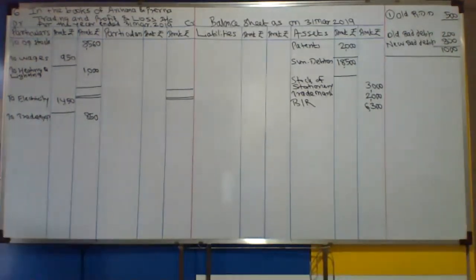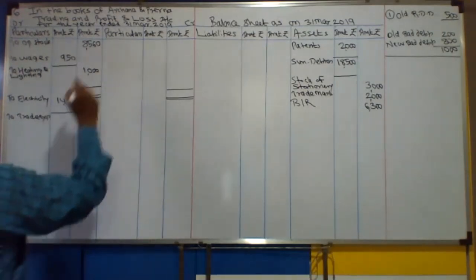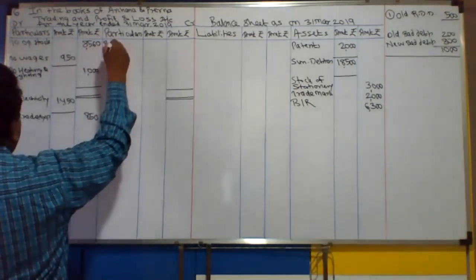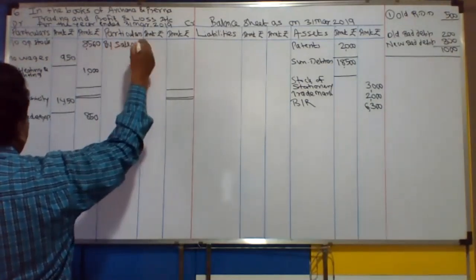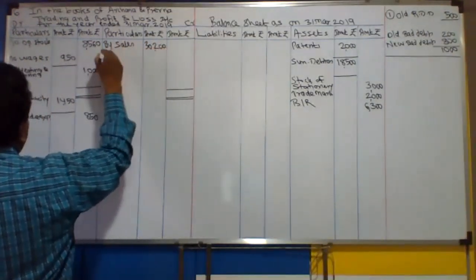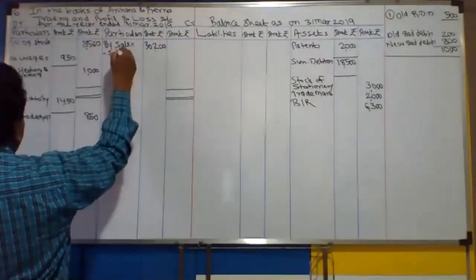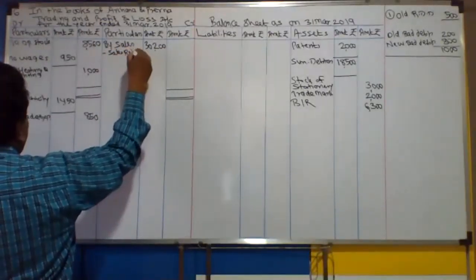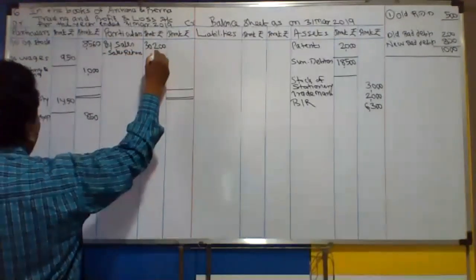Sales returns are 400, minus from sales. The sales are given to you as rupees 30,200, minus from that the sales returns of rupees 400.